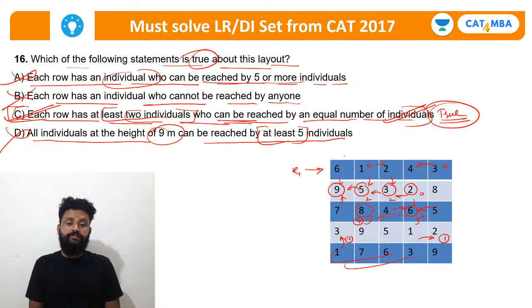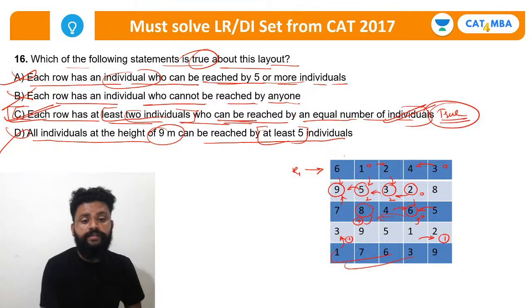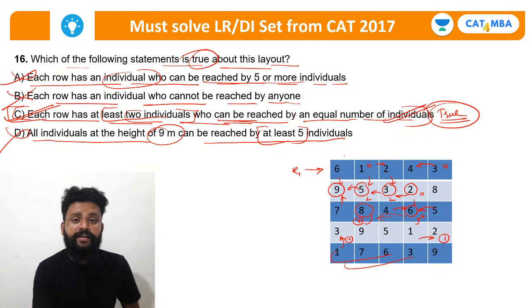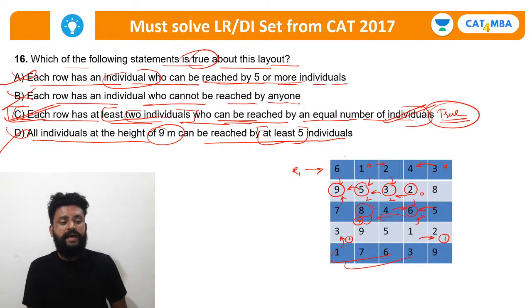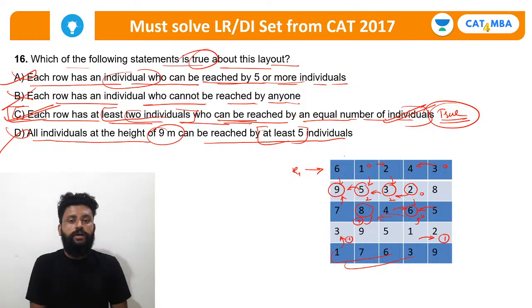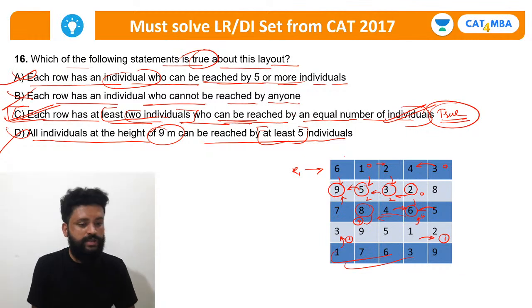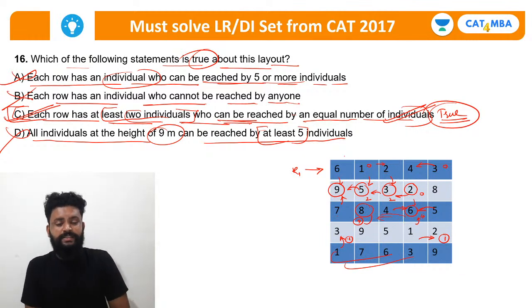Let's see how many questions we can finish. That depends how many parts will be required for this. Now we'll be having some questions from CAT 2017 where the level of difficulty will be slightly higher, because I picked the four sets that you should definitely do, and today we did those.